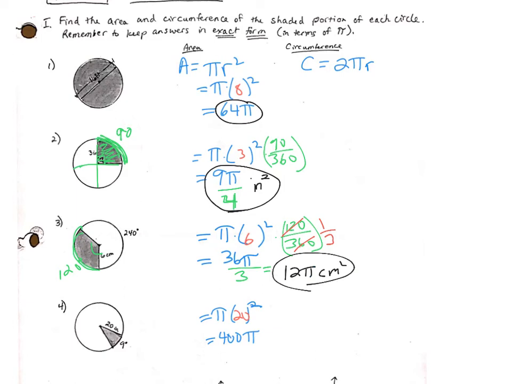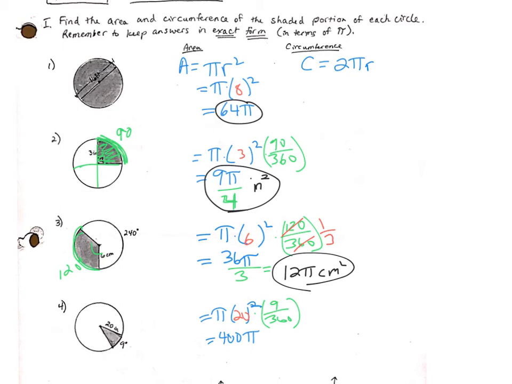And then the last one, I'm multiplying by 9 degrees out of 360, and that's not always going to come out even, and that's why I showed you that we can just leave it as a fraction. I could have divided that, but it was going to be a decimal, so I just like to leave it a fraction as long as it's in exact form. Fractions are preferred because they can be in exact form.